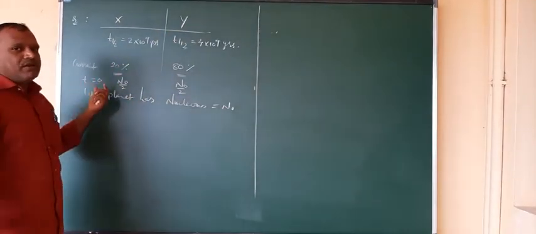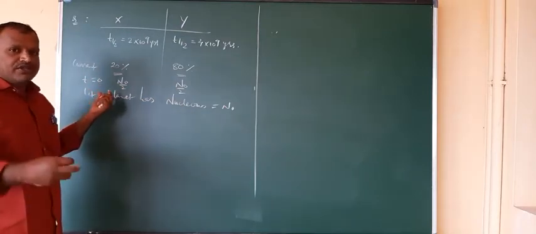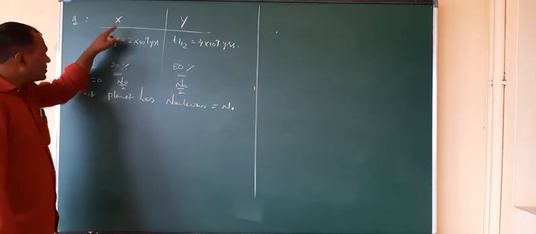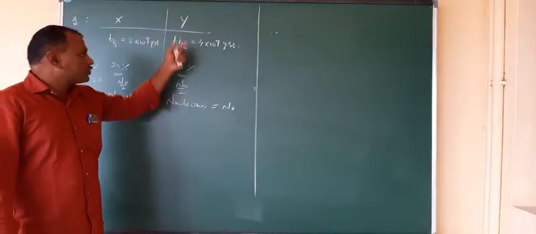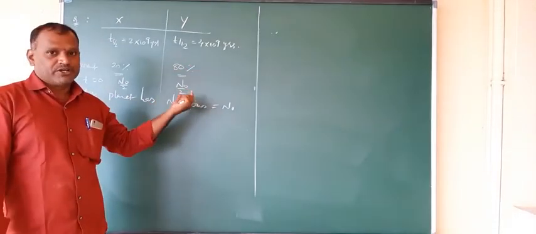After some time interval, the time interval you have to calculate, that is the age, this X isotope is present only about 20%, and Y isotope in that planet is present only 80%, right?